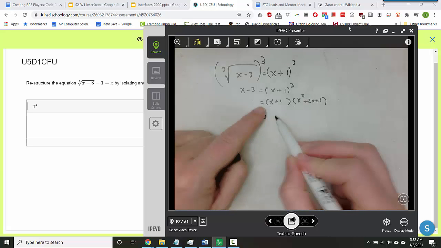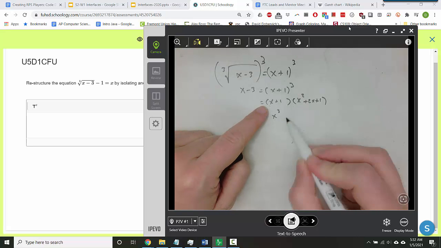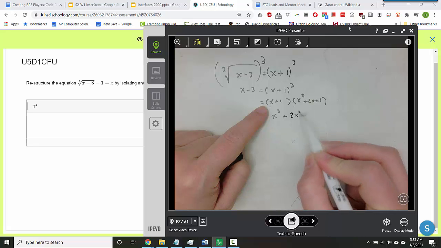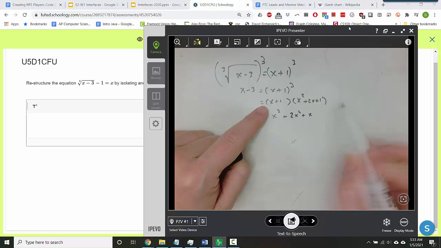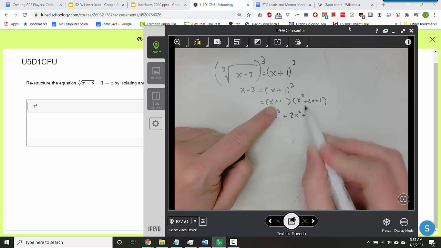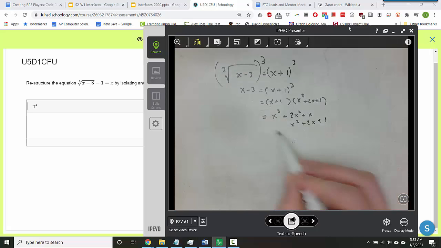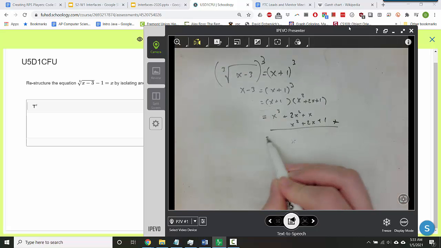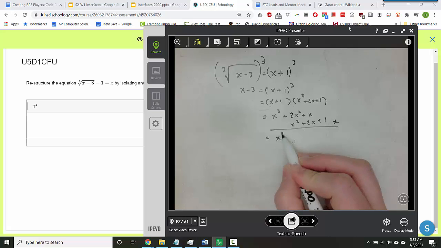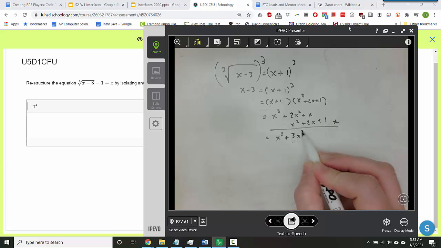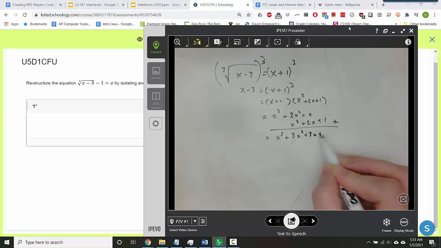So I'll get, let's see, x cubed plus 2x squared plus x. And then here I've got another x squared and another 2x and a 1. And so I can add all those up, and I've got x cubed plus 3x squared plus 3x plus 1.